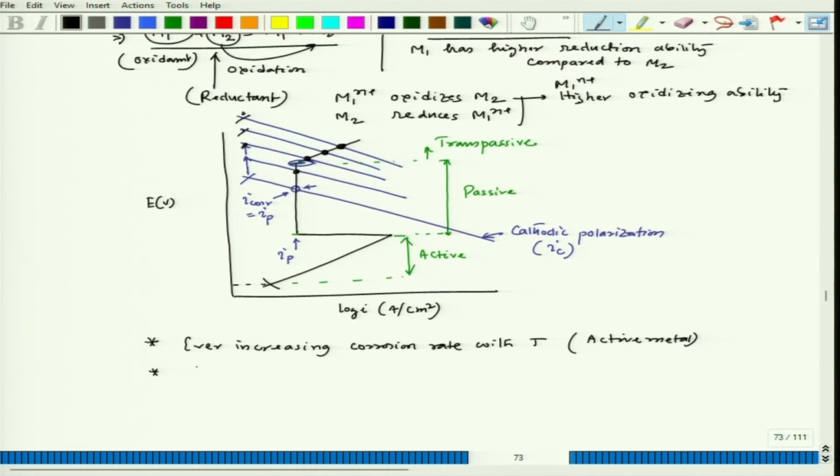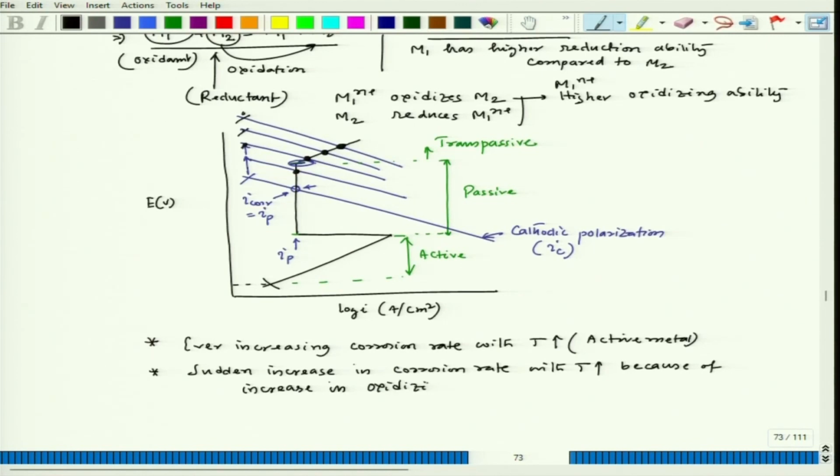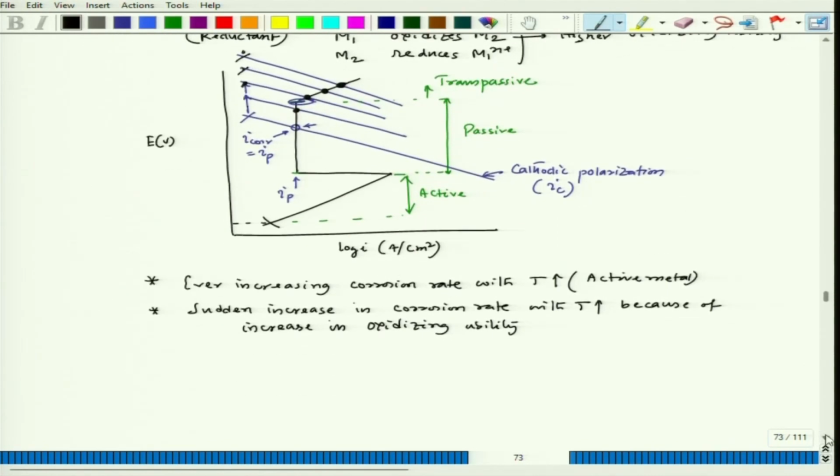The second case, there could be a sudden increase in corrosion rate with temperature increase, definitely both the cases, because of increase in oxidizing ability.